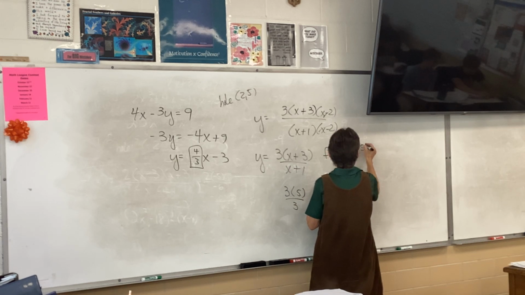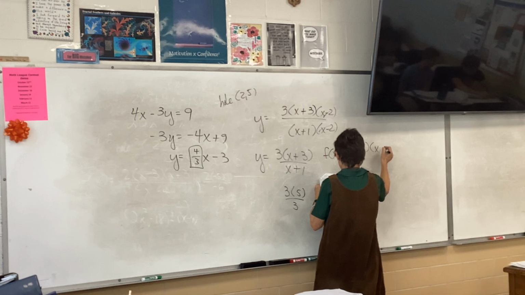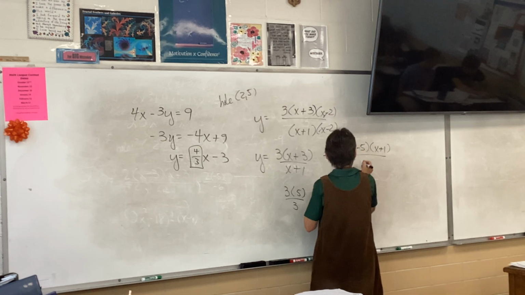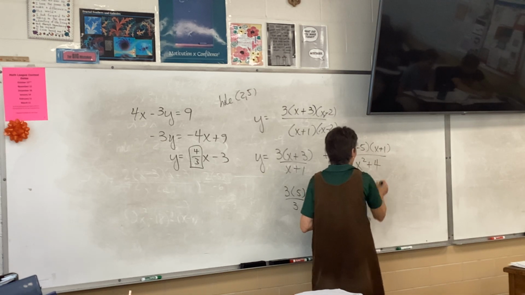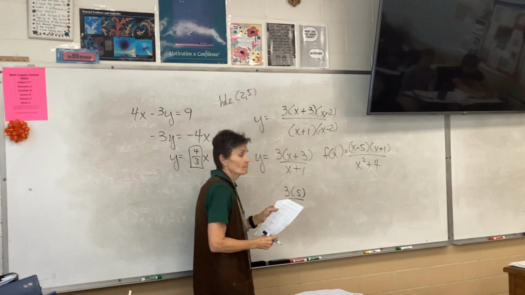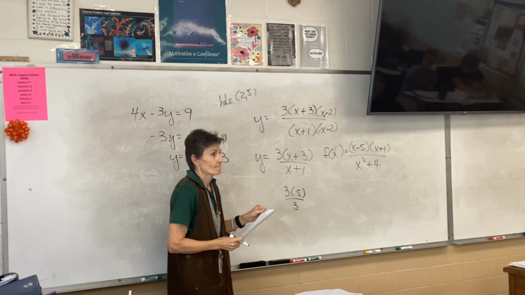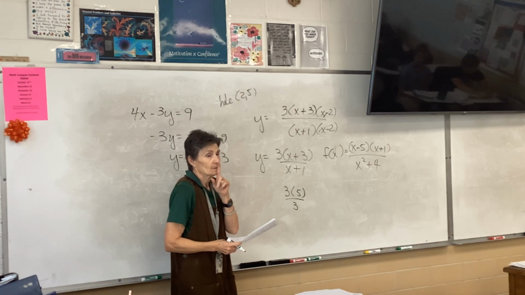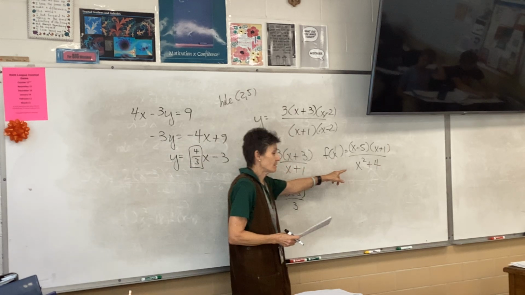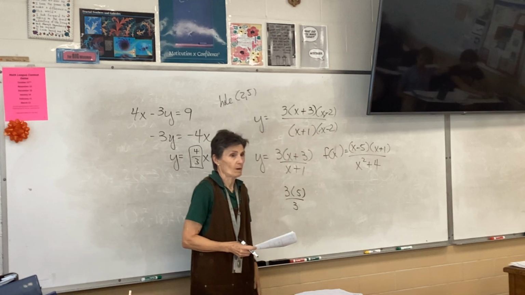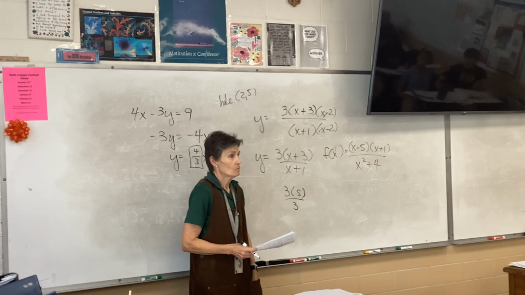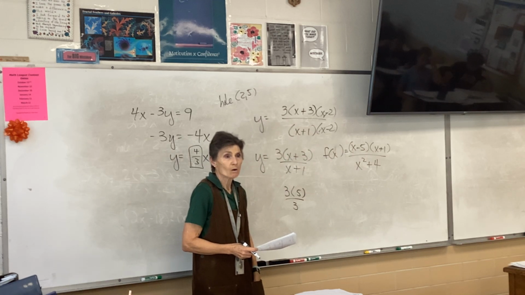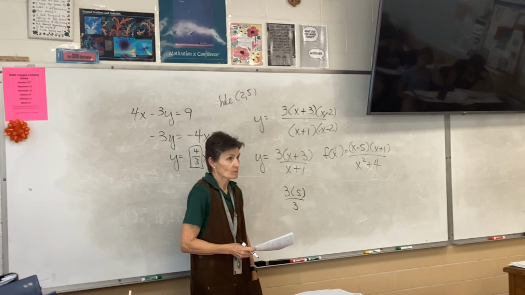So the top is gonna factor like that. And does the bottom factor? No. In fact, can that denominator ever be 0? No. So therefore, there are no vertical asymptotes.